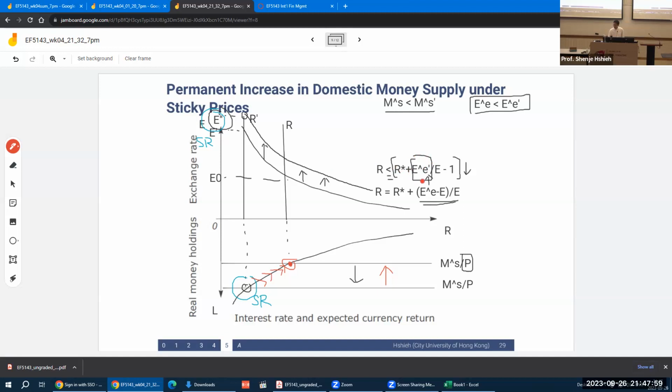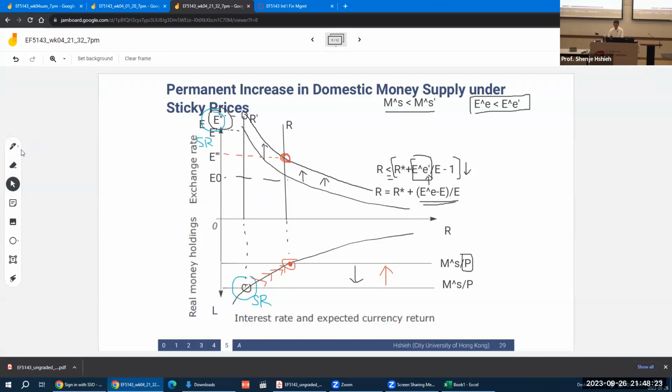But expectations remain changed, right? So we're not working with this old line. We're still working at this line here, right? So our final long run equilibrium is actually at this point here. This is E1, 2, 3, each rest point.